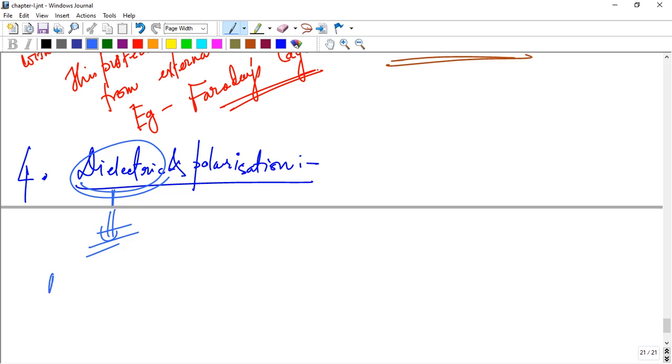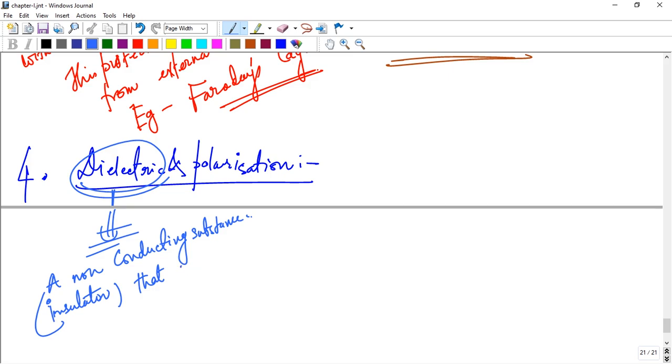A non-conducting substance, or say an insulator, that can be polarized by an external electric field.